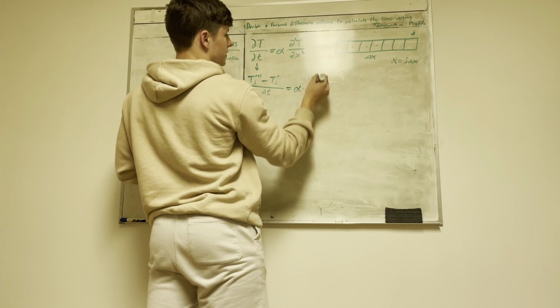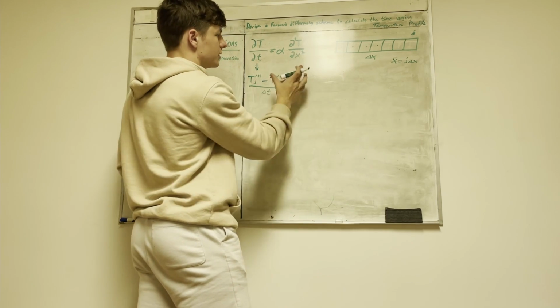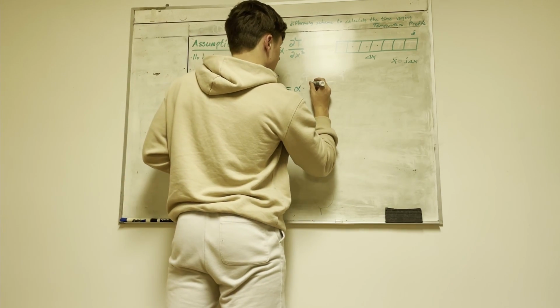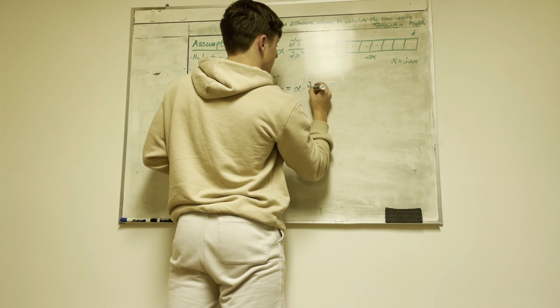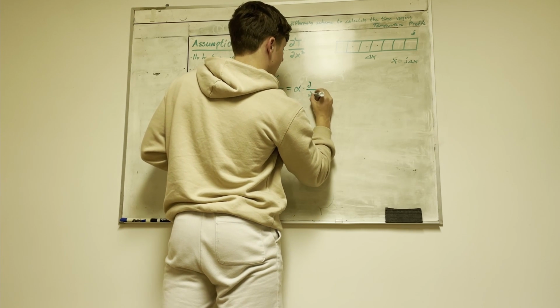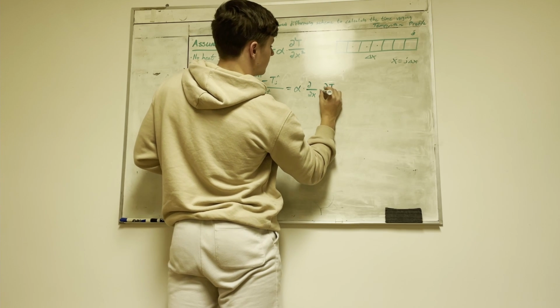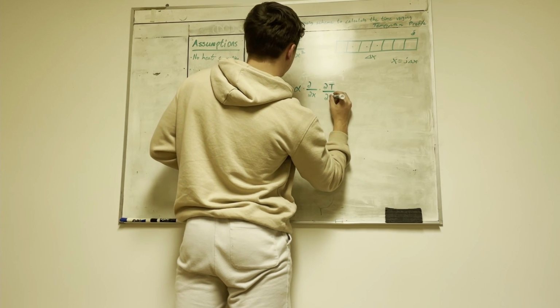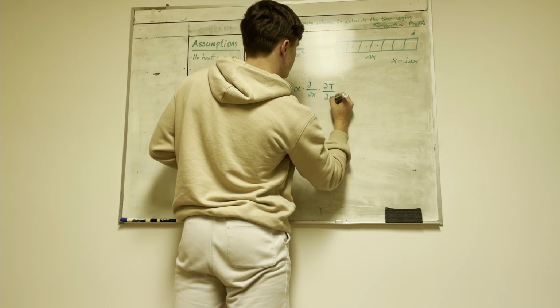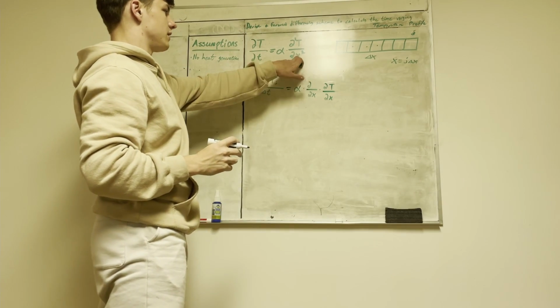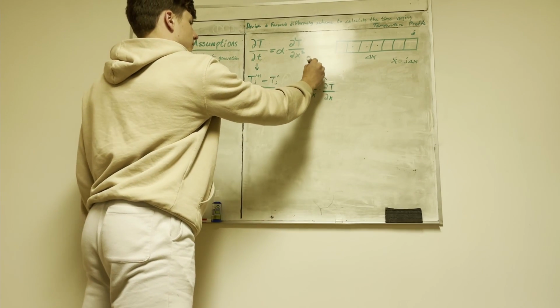and then basically what we'll do is split this up to make it easier to comprehend. So then we'll have our derivative in x times the derivative of temperature with respect to x. Basically what we did here is just split that up.